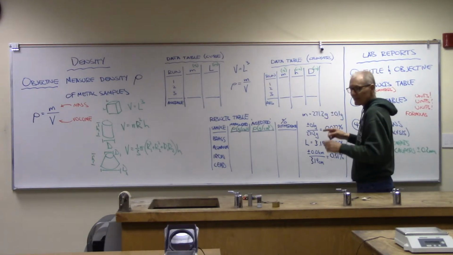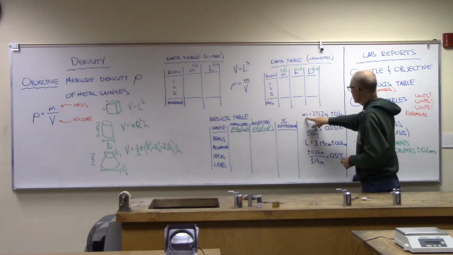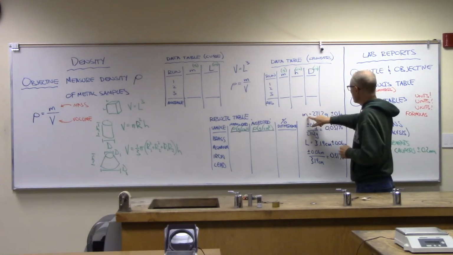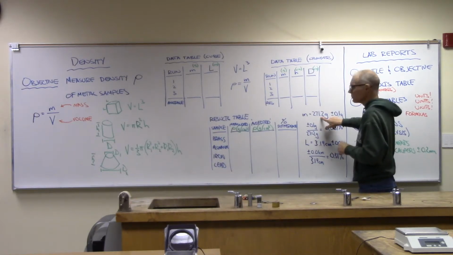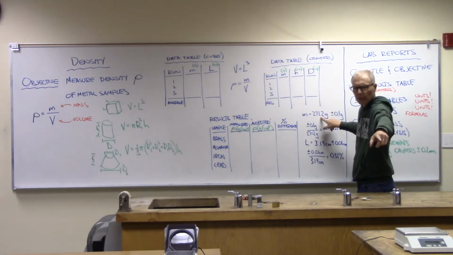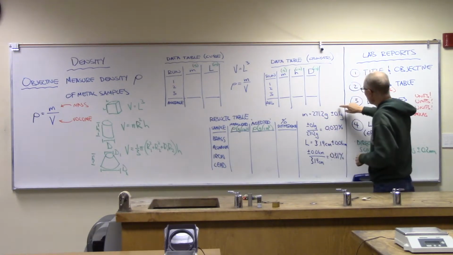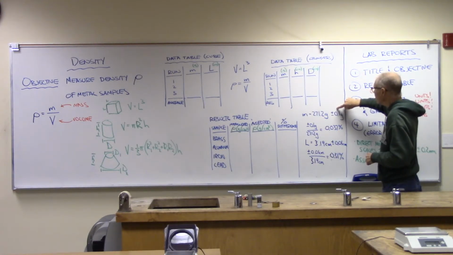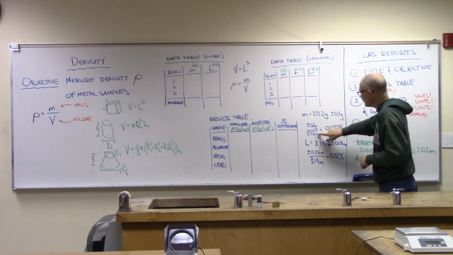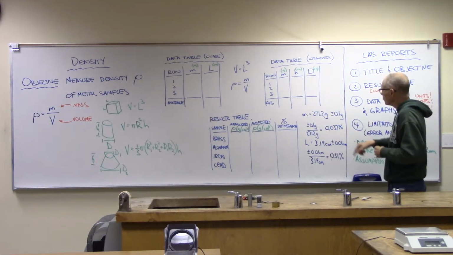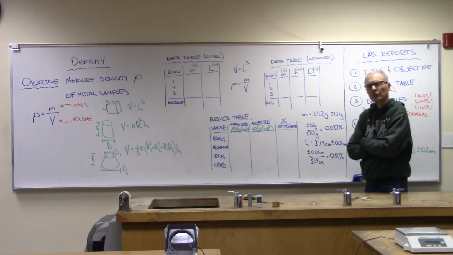Now, I did want to take a look at the brass because what I was measuring earlier was a mass of 271.2 grams. Now that was from the scale over here on the right. If I really am truly accurate to plus or minus 0.1 gram, that would give me a relative uncertainty of 0.037%.